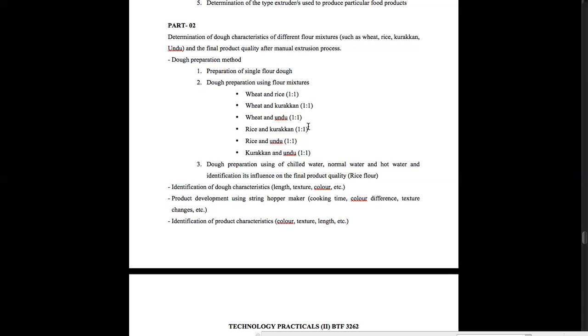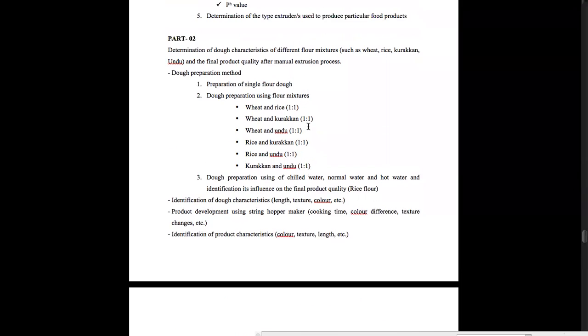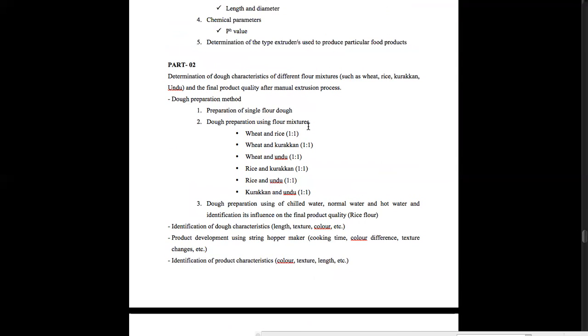So those are the things we are going to discuss on extrusion technology, and I hope that you can perform these activities at home, because you have a string hopper maker at home. Then please get some underutilized flour varieties, such as jackseed flour, some types of tubers and some seeds.